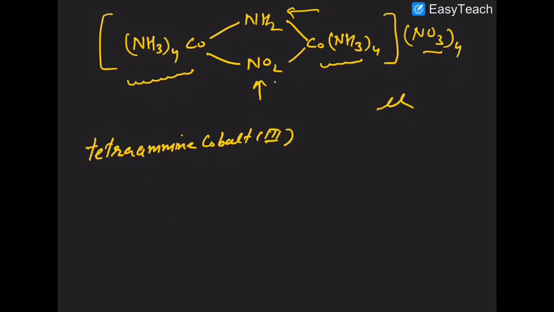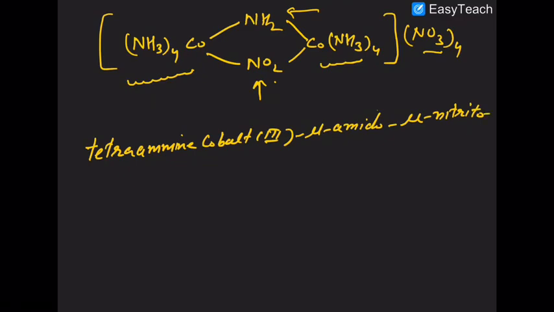Now you will write the name of the bridge. The bridge is amido and nitrito. So you will write there mu-amido, mu-nitrito.